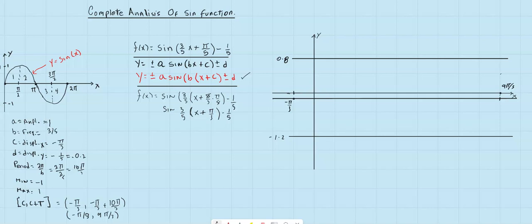I have in total 10 units of pi over 3. So I'm going to look for half. 1, 2, 3, 4, 5, which would be right here. I'm just going to make a line going straight down like this. Then I'm going to find the middle of this 2, which would be 2.5, and I'm going to find the middle over here, which is 2.5 also. And this right here will be mine right there.